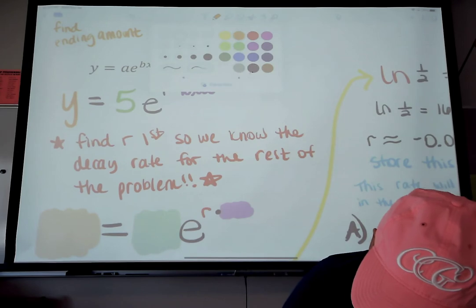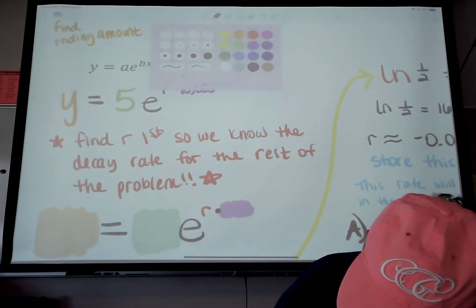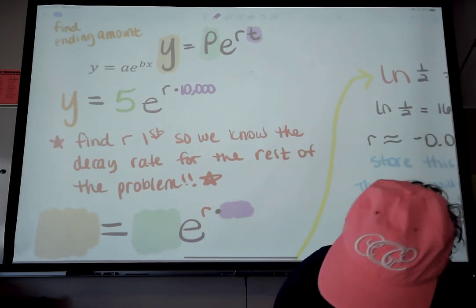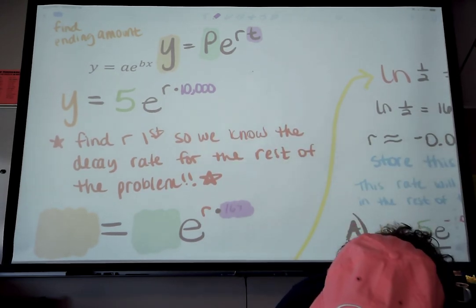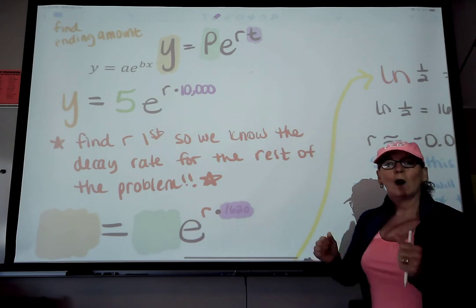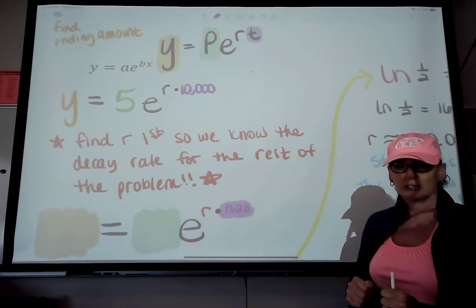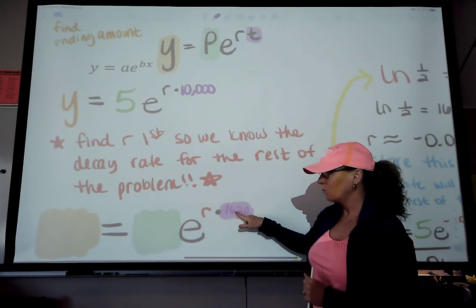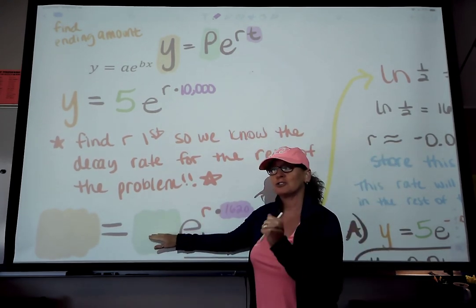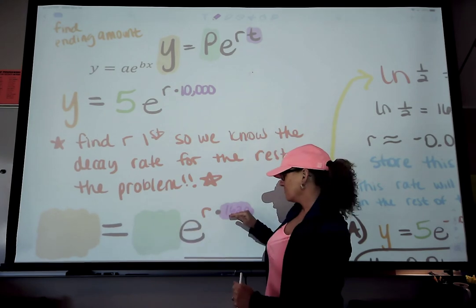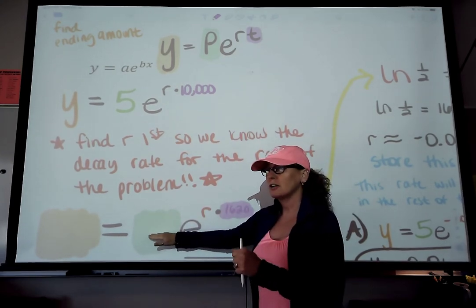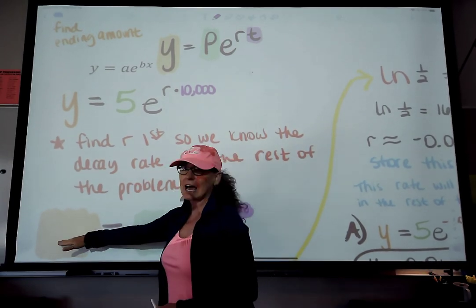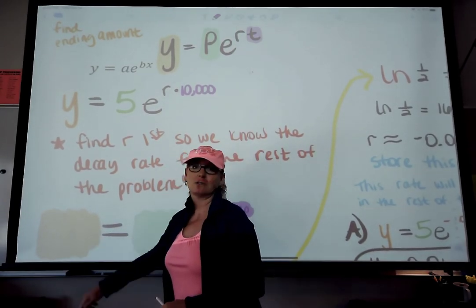What if I put in for T, hang on, I forgot what it was, 1,620. What happens in 1,620 years? However much you started with, after this many years, it's eaten away at itself, and there's only half of it left.